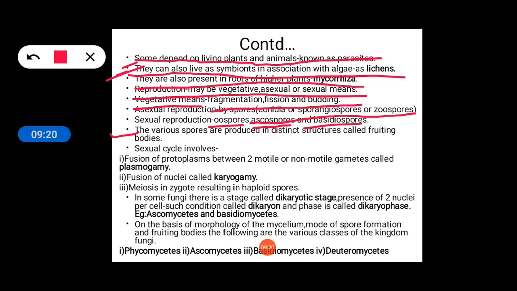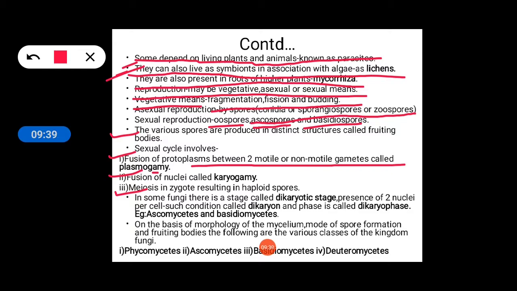The sexual cycle involves three processes by which sexual reproduction takes place in fungi. The first is fusion of protoplasm between two motile or non-motile gametes, called plasmogamy.